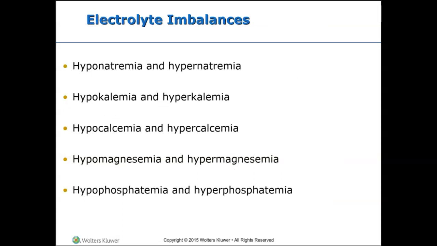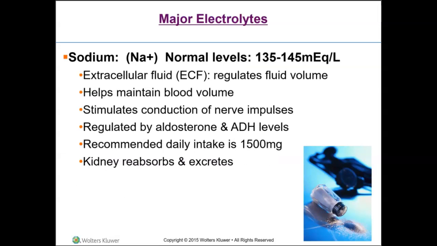This slide lists the name of the various electrolyte imbalances that we will be covering in detail on the coming up slides. All right, first electrolyte, sodium. We know that a normal sodium level in the body is 135 to 145 milliequivalents per liter. Sodium is abbreviated as capital N, lowercase a, with the plus sign, right?